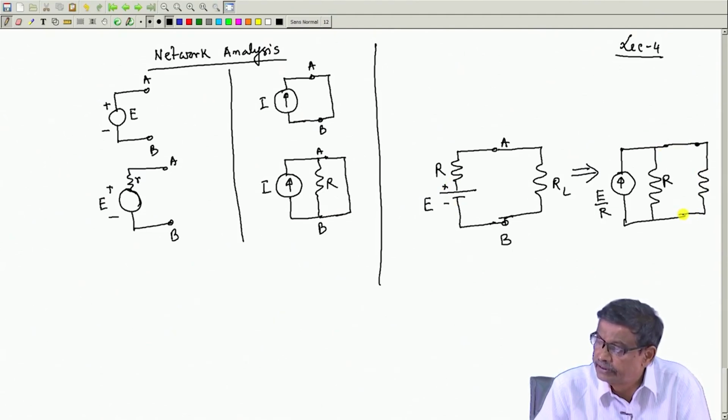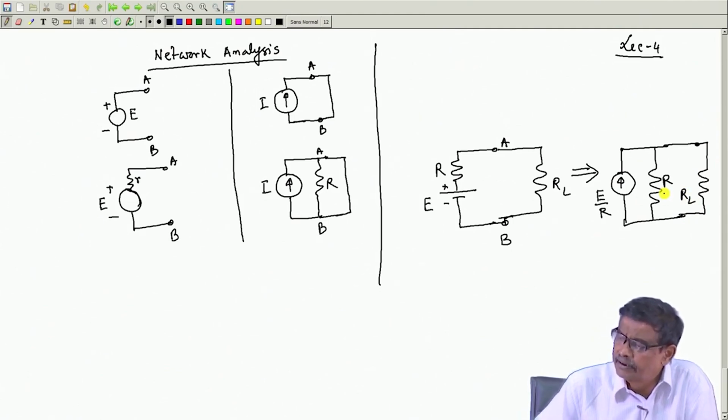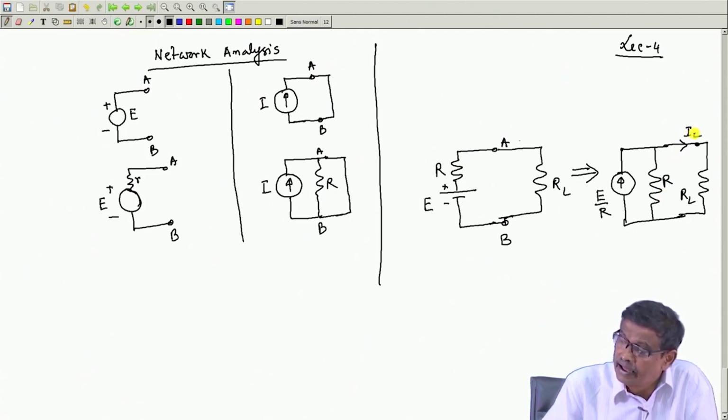These two circuits are equivalent. We have shown that by parallel conversion of this R and R_L, the load current here and the load current there will be the same.